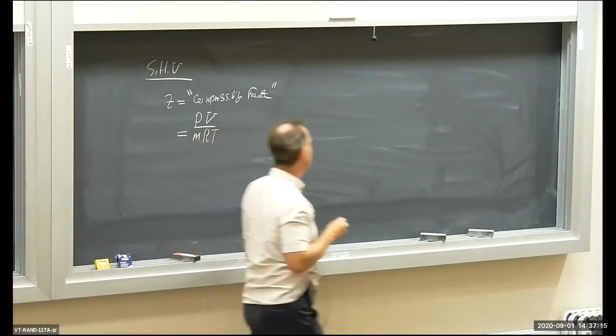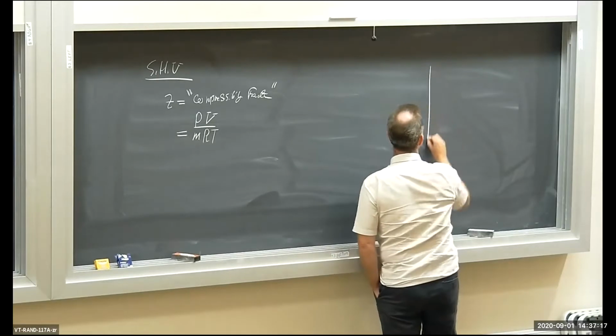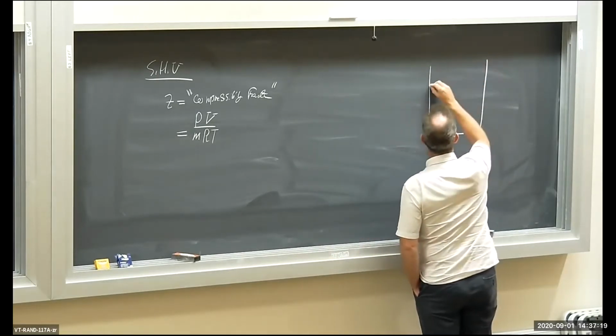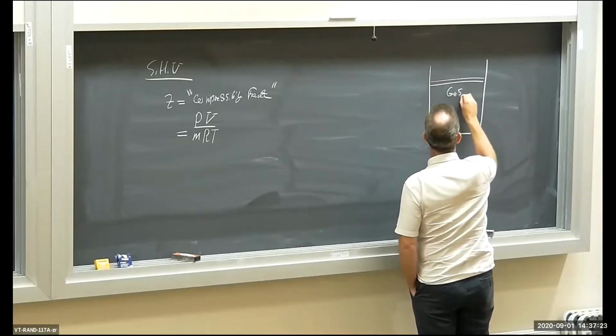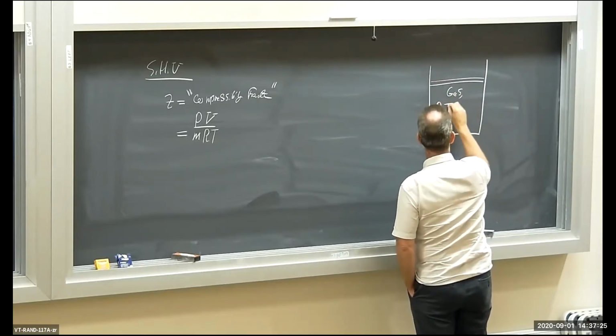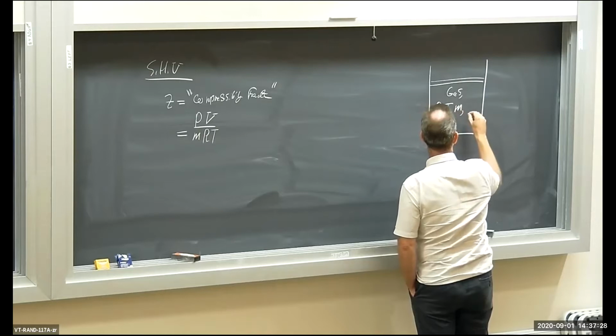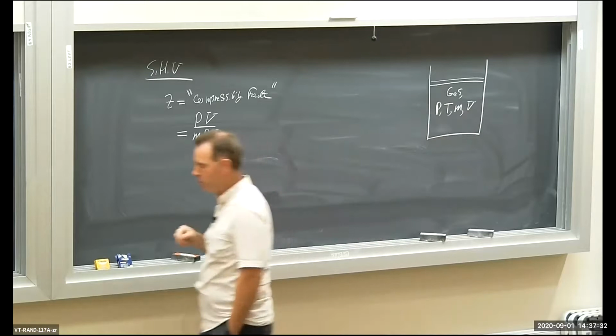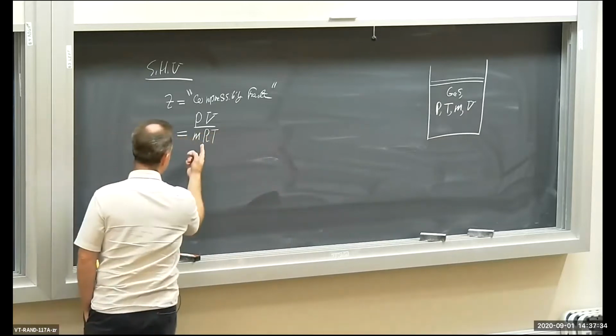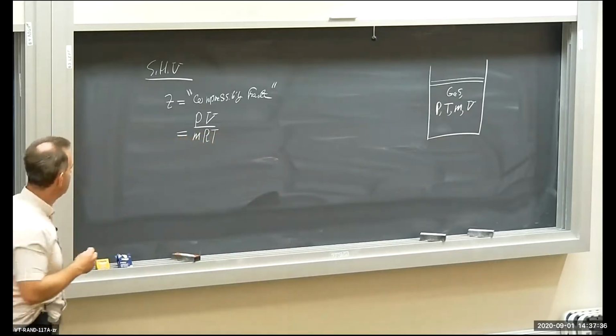So if we have a container, let's say, and it's a gas, it has a pressure, it has a temperature, there's a certain amount of mass in it, and it has a volume. Pressure, volume, temperature, and mass are all related by this equation here.